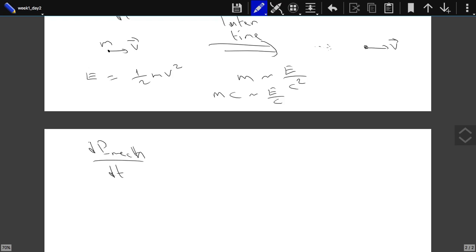Now, we know that for the conservation of momentum, all 3 components should be conserved, not just one component. So let's look at any one component. It can be the x component of momentum, y component, or z component. This should be equal to, that's what our strategy is, minus the rate of change of the linear momentum of the electromagnetic field, the i component of it, d/dt, minus some surface integral, some area integral.